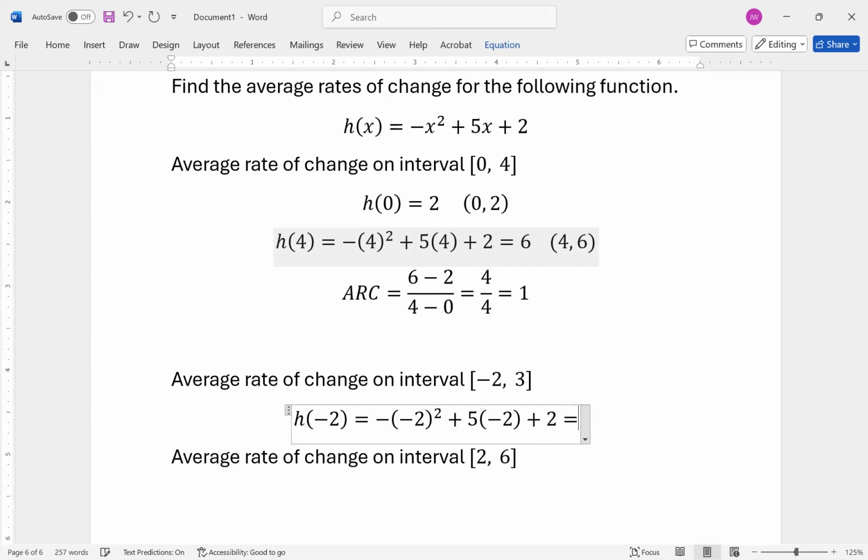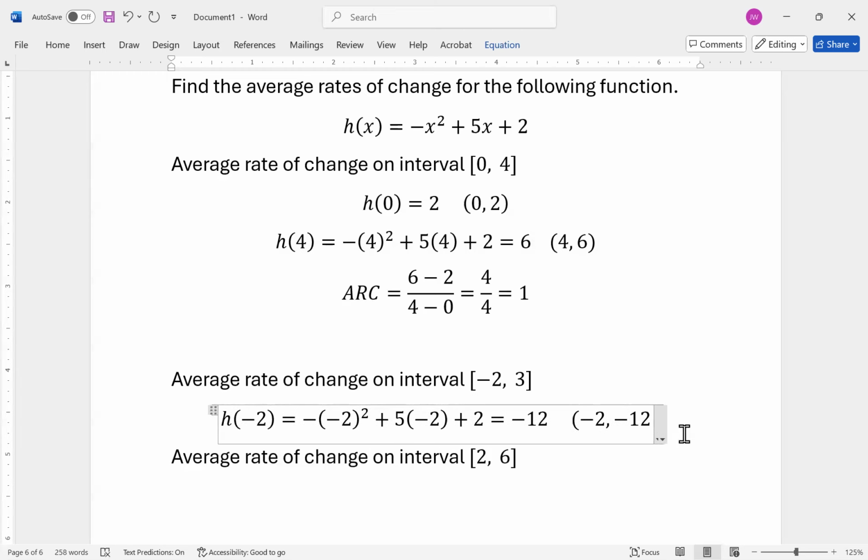Be careful, especially with all those negatives flying around. The first piece gives you a negative 4. That's minus 10, and then plus 2. So that's going to be a negative 12 as my output. That means we're at the point -2, -12.